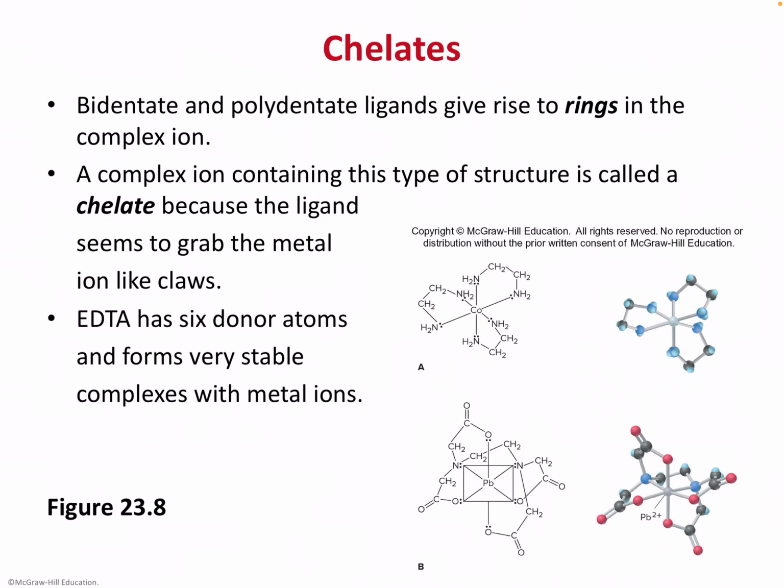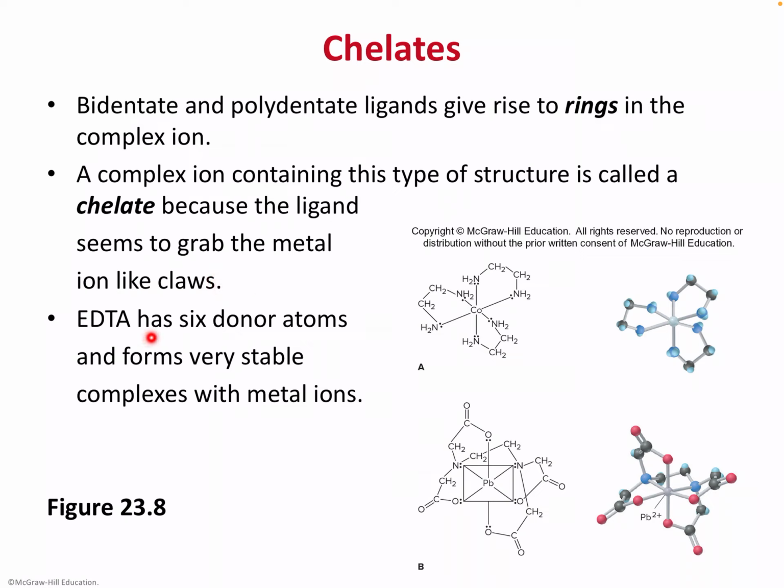Chelates. So the bidentate and polydentate ligands give rise to rings in the complex ions like this. A complex ion, excuse me, containing this type of structure is called a chelate, because the ligand seems to grab the metal ion like claws, right?